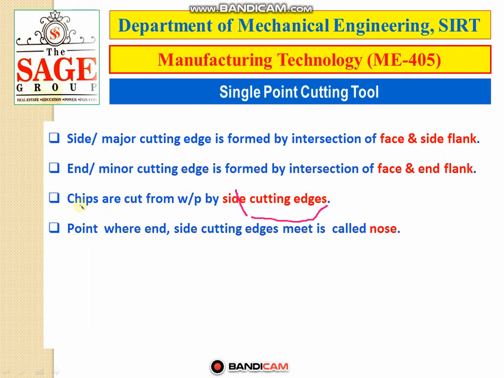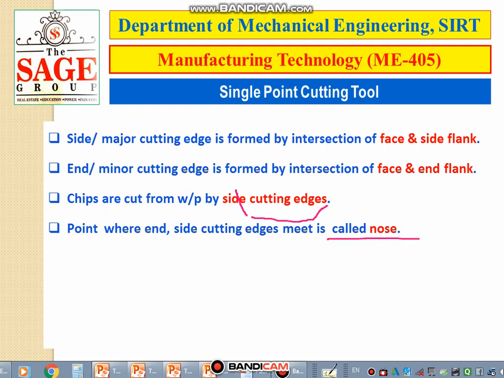Next point is that chips are cut from the workpiece by the side cutting edge. For removing the excess material from the workpiece, mainly the side cutting edge is used. In some cases the end cutting edge is also used. And the next point is that the point where the end and side cutting edges meet is called the nose.